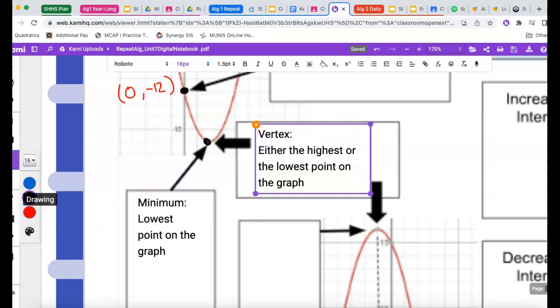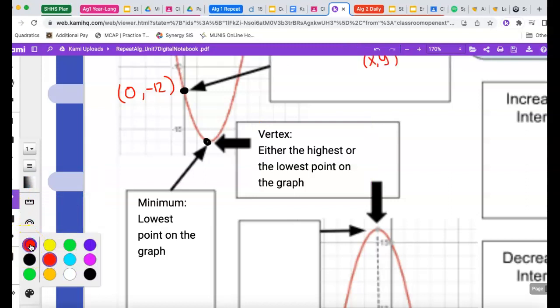So we write that minimum value as a coordinate. So that's the coordinate over 3 down 16. So we write 3, -16, which is the vertex of the first graph.